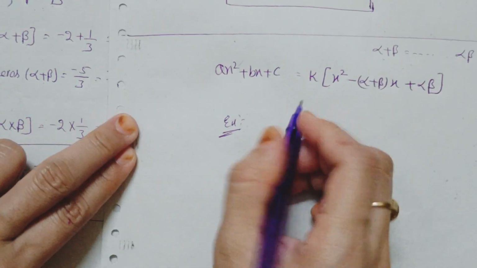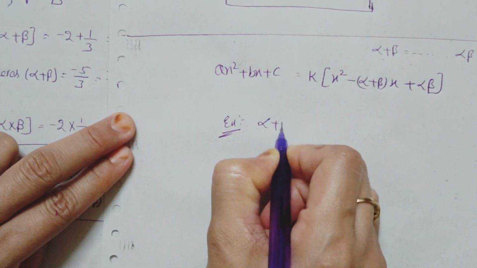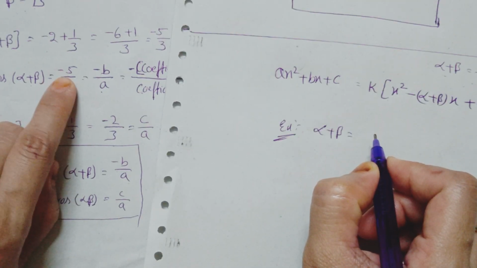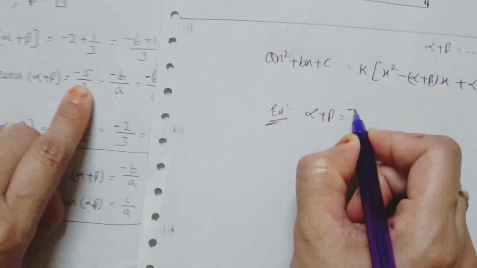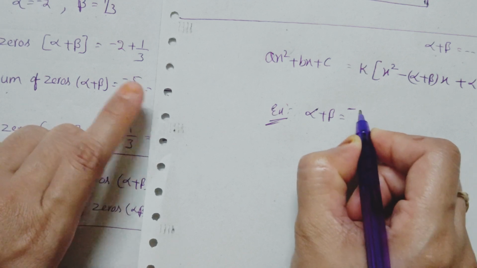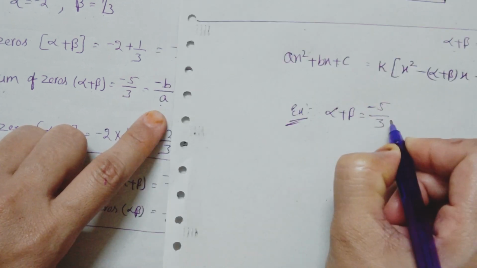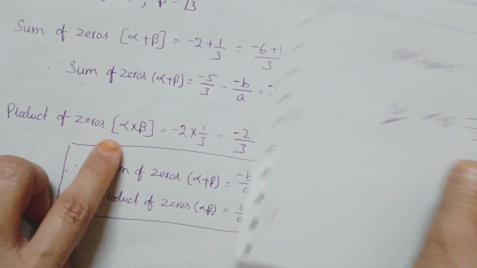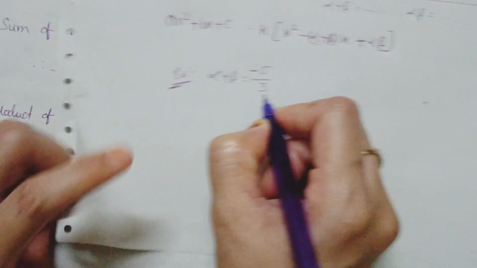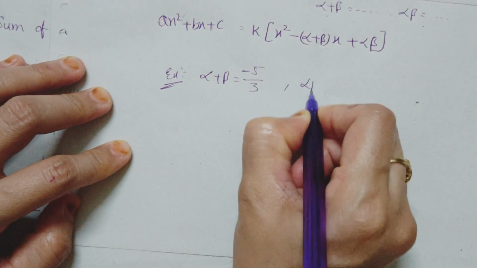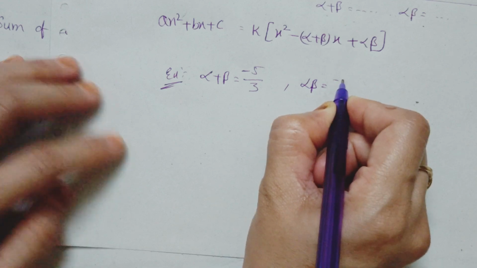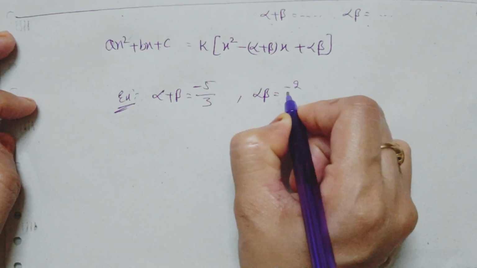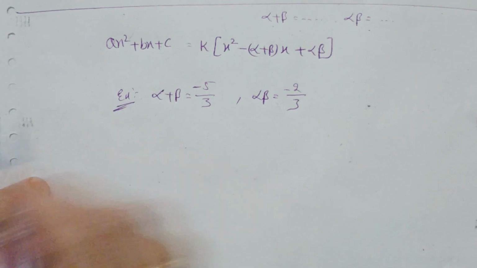So suppose the examiner has given alpha plus beta as minus 5 by 3. Then the product of zeros, alpha beta, is equal to minus 2 by 3. This is the example.